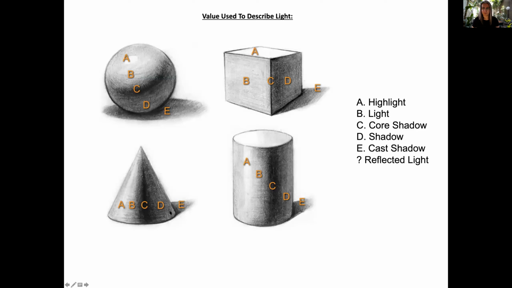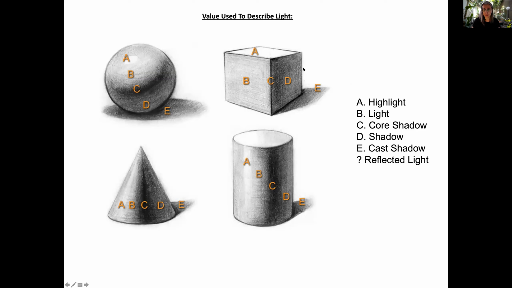Highlight, light, core shadow, shadow, cast shadow, and reflected light can be seen in all kinds of objects, not just a sphere. So just some examples of where we see that. We see highlight on the top of this cube, really light on the side of the cube, core shadow on the side of the cube that's not facing the light, core shadow right when it gets closest to the area of light.